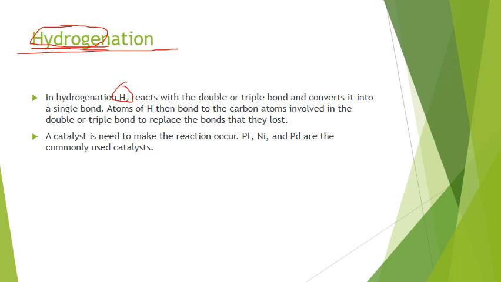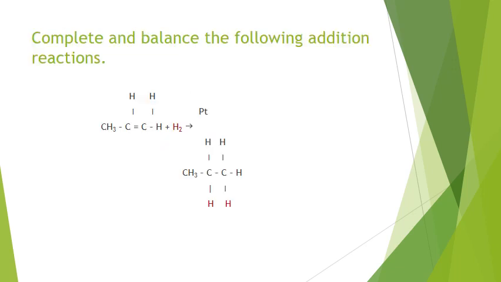All right, let's show you what you have to do. What you have is your alkene. I know it's kind of askew here, but these hydrogens are attached to this carbon here. Then what you do is you add hydrogen in the presence of a catalyst.